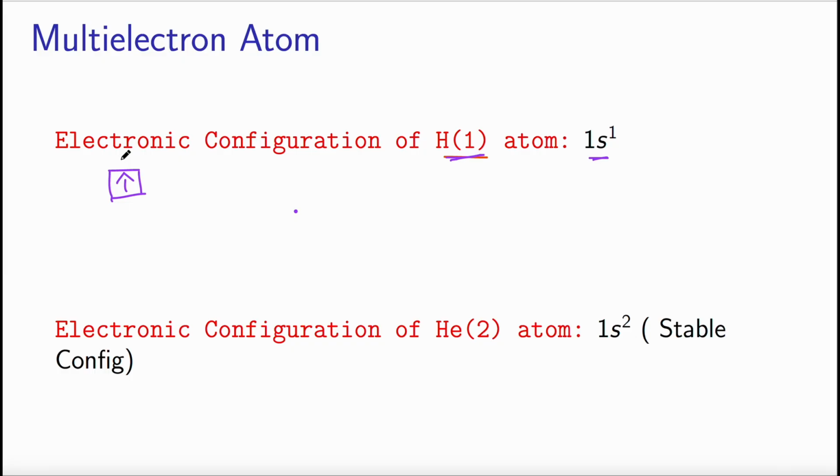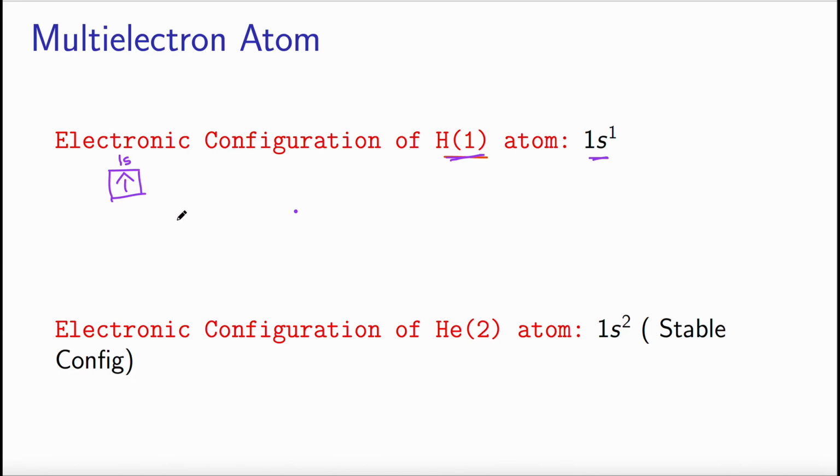This is my 1s orbital. In this 1s orbital, I put an electron, and that electron will be in the up state or the down state. Here I have drawn it as up state.